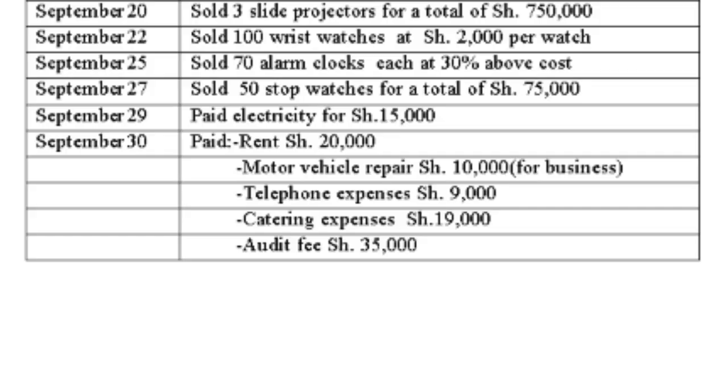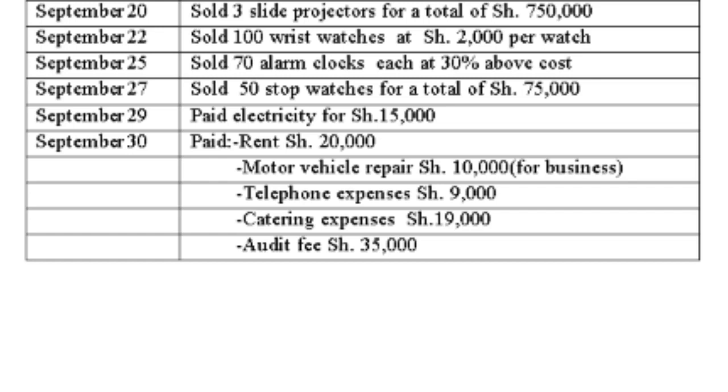Then because we are selling, that is output VAT, that takes us to 20th. On 20th, they sold 3 slide projectors for a total of 750,000. So because this is a sale, this goes to the output side of our VAT account. Then on 22nd, sold 100 wristwatches at 2,000 per watch.